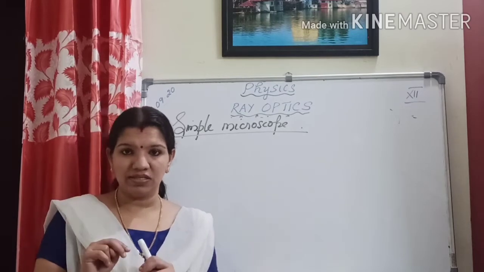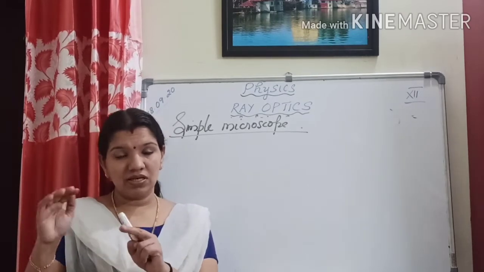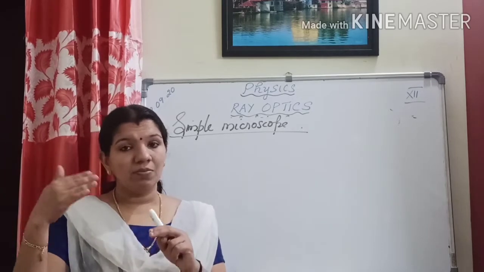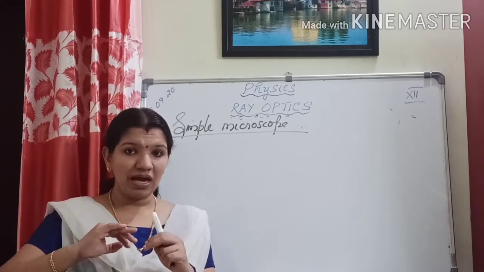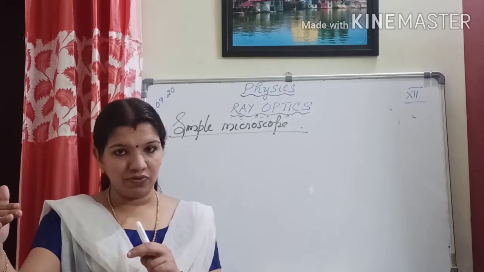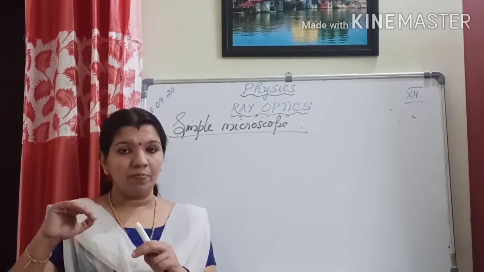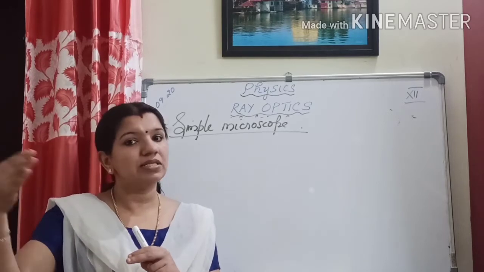These are the two ranges, right? Starting from least distance to infinity. In between so many positions are there, but still we are studying the maximum magnification and the minimum magnification. Maximum magnification is at the least distance of distinct vision, and minimum magnification is at infinity.